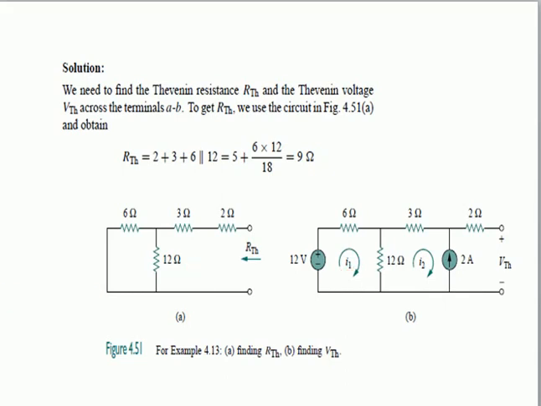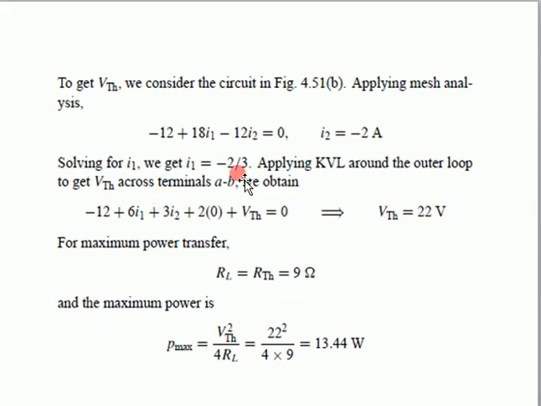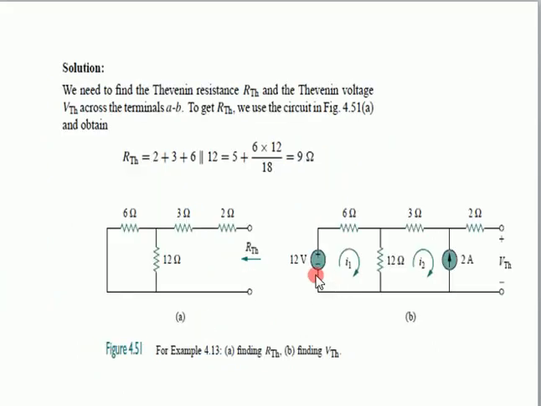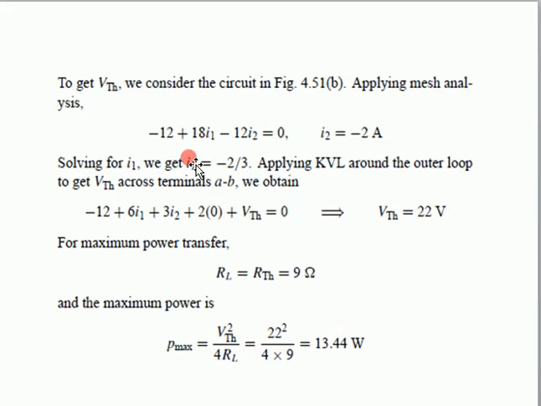Applying mesh analysis in loop 1: minus 12 plus 6 I1 plus 12 into (I1 minus I2) is equal to 0. So minus 12 plus 18 I1 minus 12 I2 is equal to 0. This is the equation for loop 1, and I2 is equal to minus 2 ampere, as I told you before. By putting the value of I2 in this equation, we get the value of I1, which is equal to minus 2 by 3.